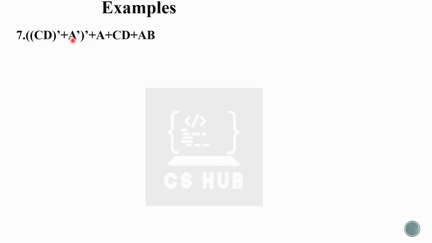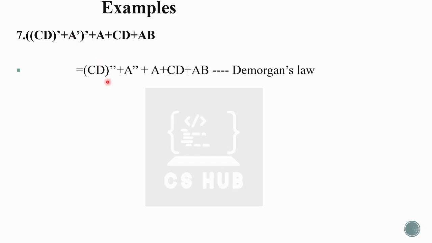So our result will be CD bar, CD double bar. Actually we have to write it like this: CD double bar.